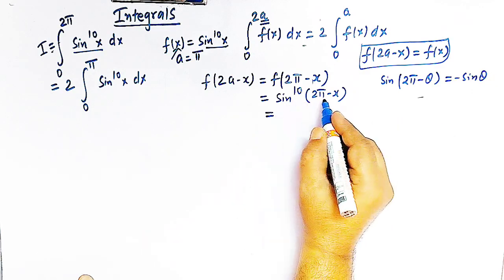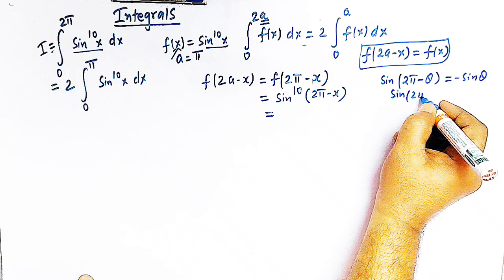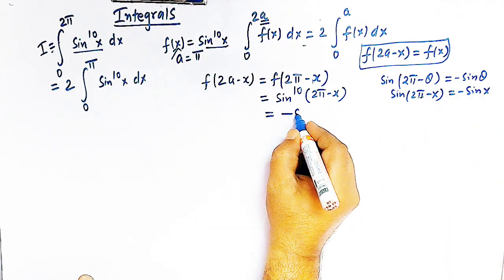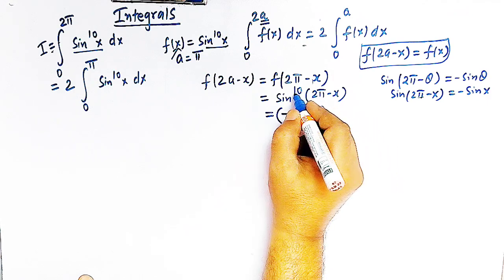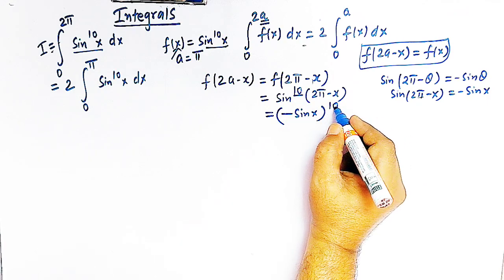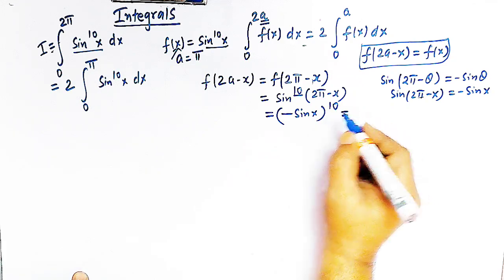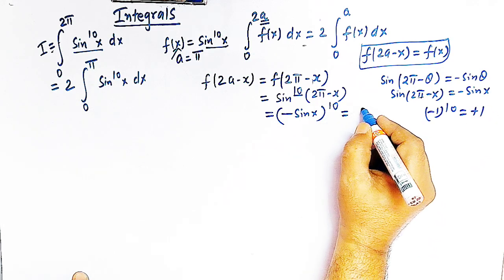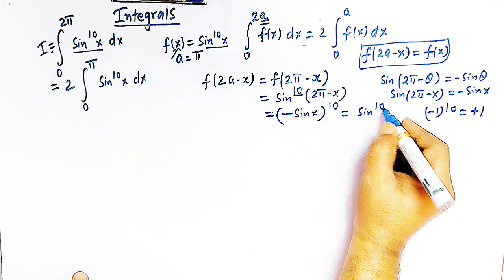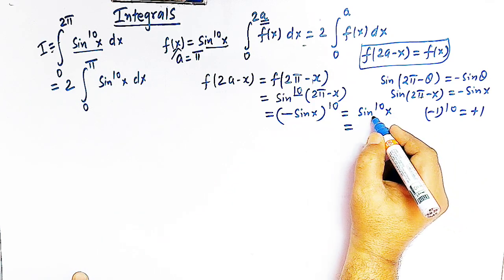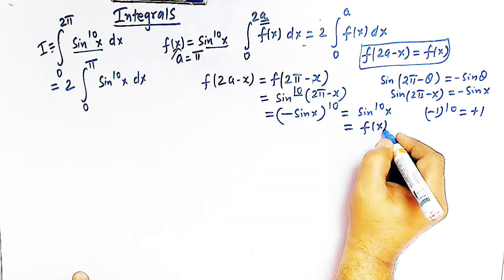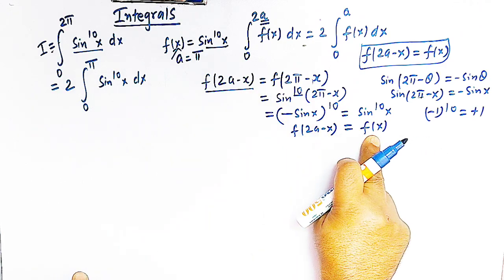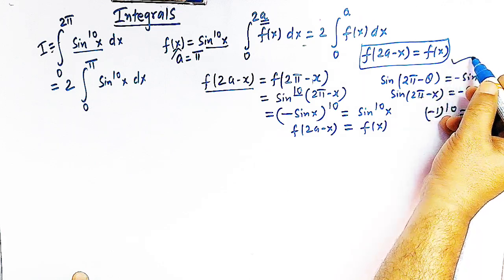So here sine 2 pi minus x is equal to minus sine x, right? So here we have minus sine x raised to 10, and here we have the even power. So here minus 1 raised to 10 is simply plus 1. So we are left with sine x raised to 10, and this is our function f of x, right? So we have seen that f of 2a minus x is equal to f of x. So this condition is fulfilled, right?